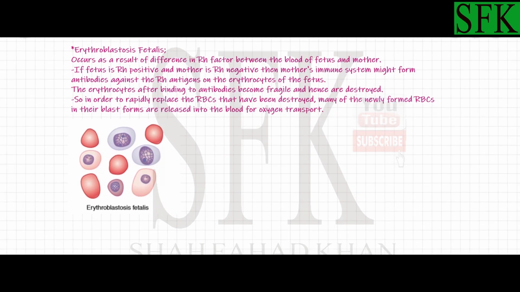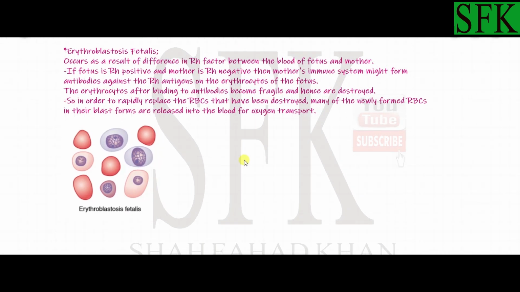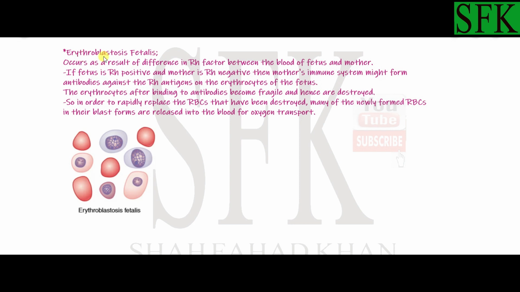Now, the last type of hemolytic anemia, erythroblastosis fetalis. It occurs as a result of a difference in the Rh factor blood group between the blood of the fetus and the mother.